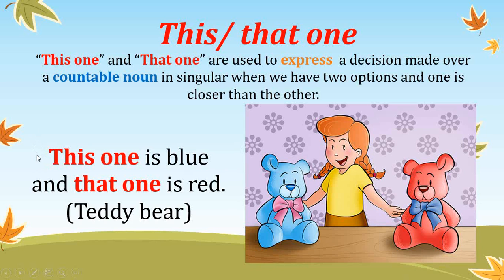And she says, this one is blue and that one is red. And she's speaking about teddy bears. She says this one and that one for not repeating the word teddy bear, because we are watching them, we are seeing them. And she's closer to the blue one than to the red one.